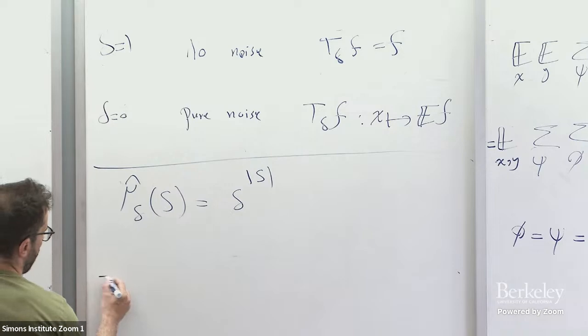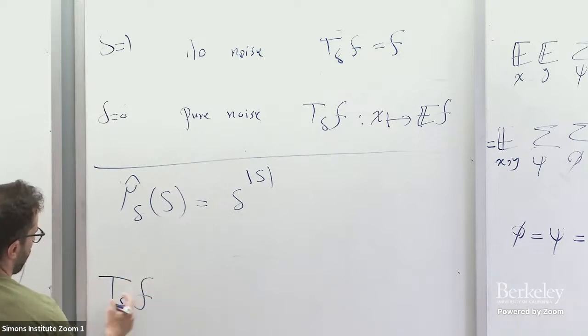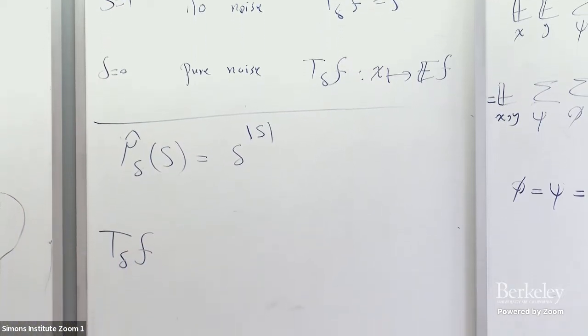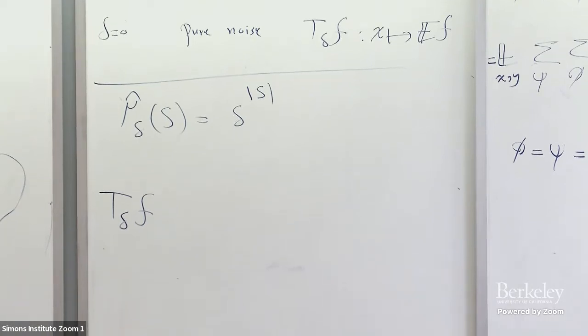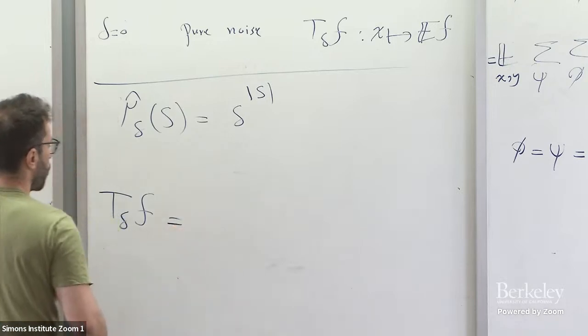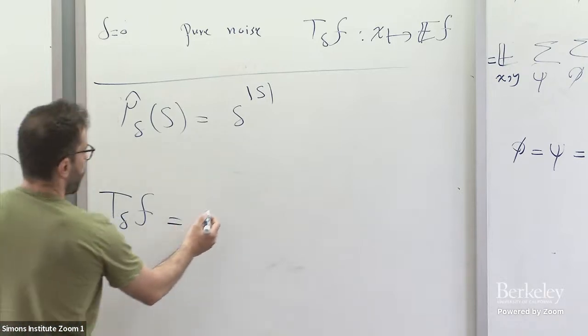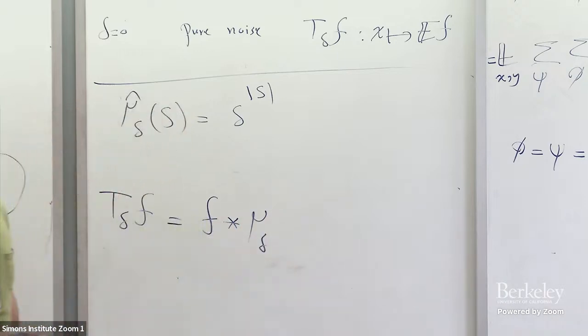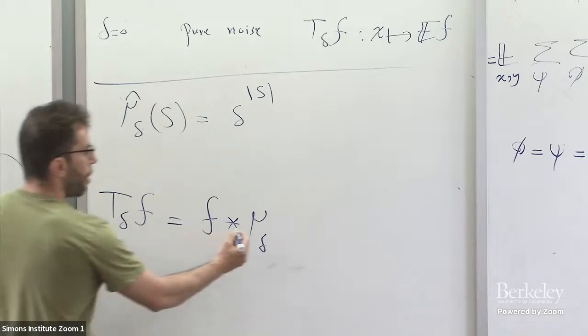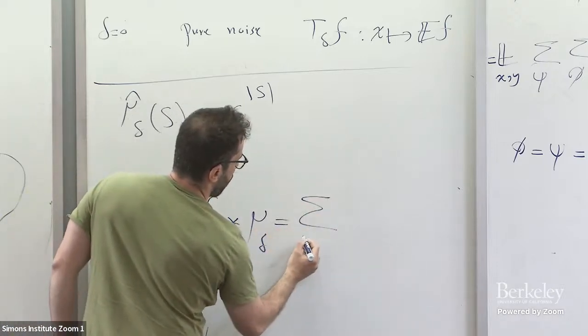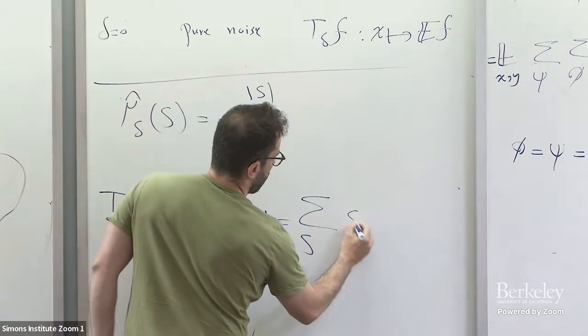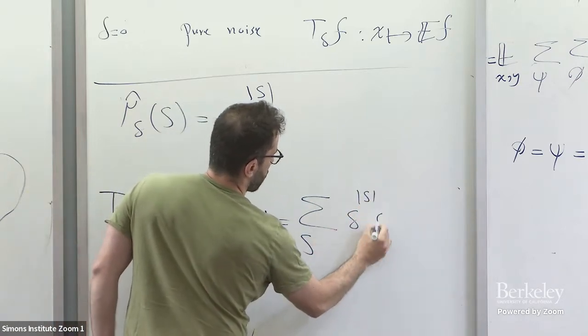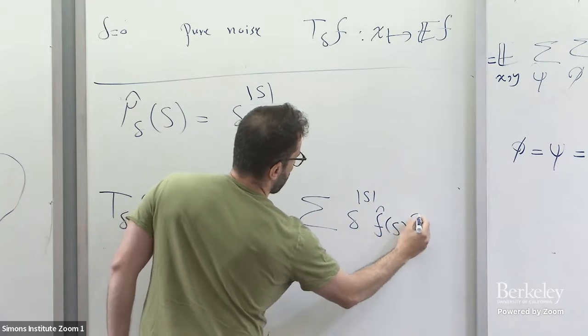Now, what do you get in terms of the Fourier expansion when you apply this noise operator to your function? This is just a convolution of f with respect to this mu delta. And we know when you convolve, you're just multiplying the Fourier coefficients. So you're going to get a really nice formula, which is just the sum over s of delta to the size of s, f hat of s, chi s.